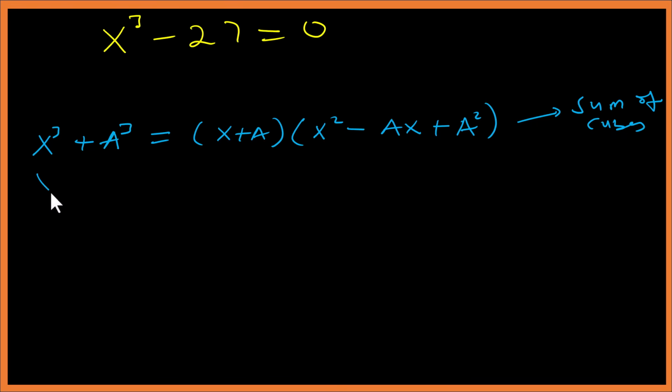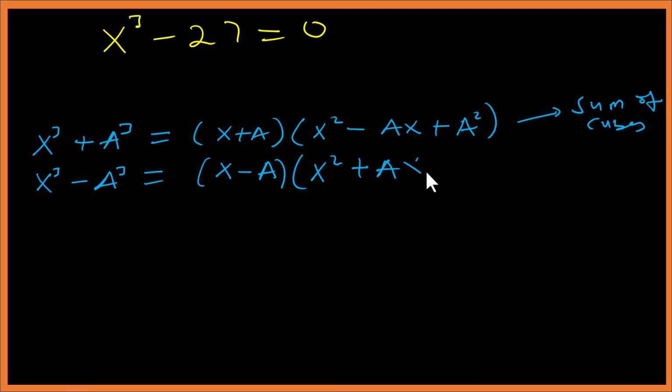When we have x cubed minus a cubed, we have the difference: x minus a times x squared plus ax plus a squared. This one is the difference of cubes.